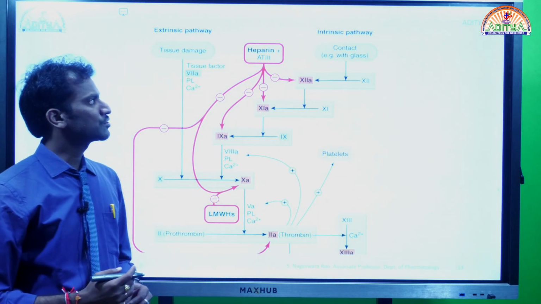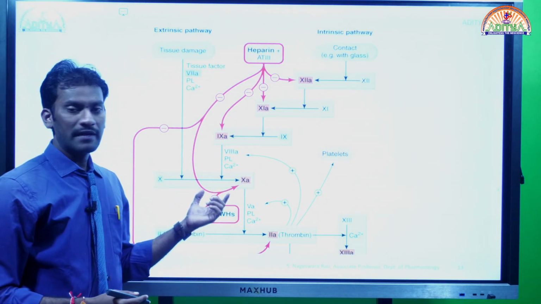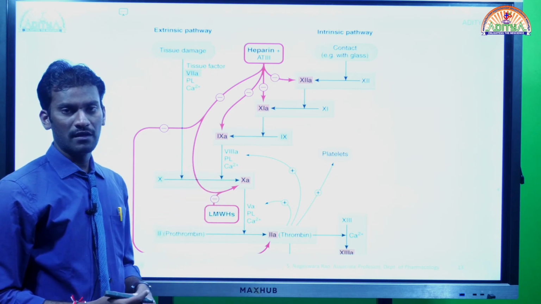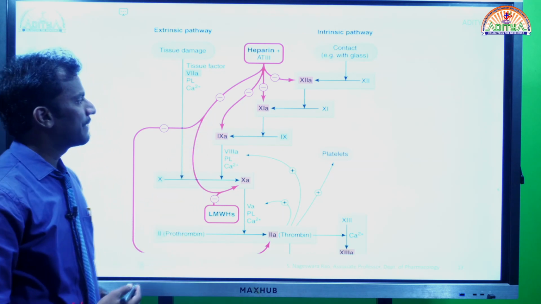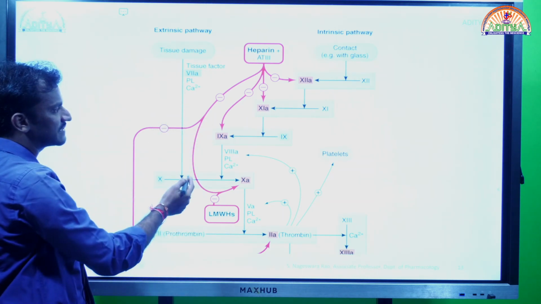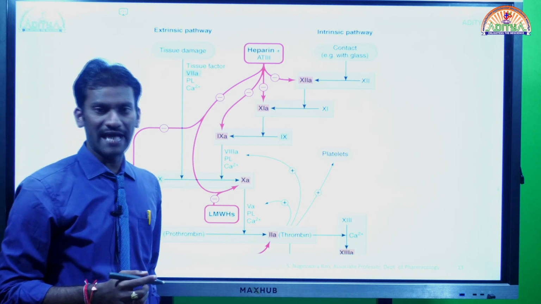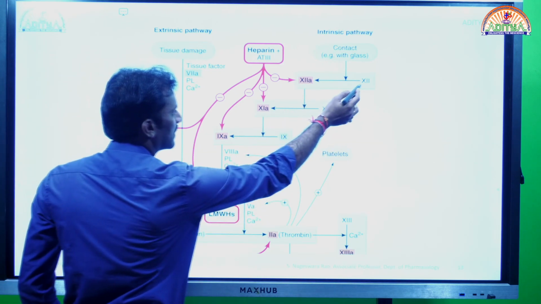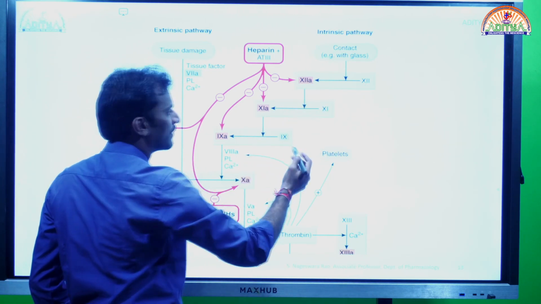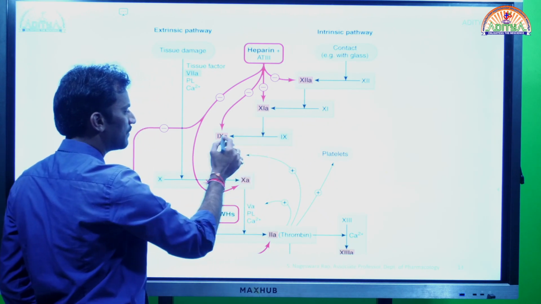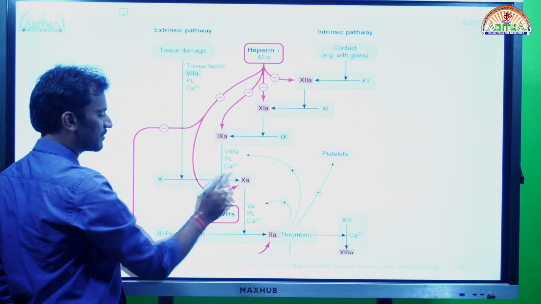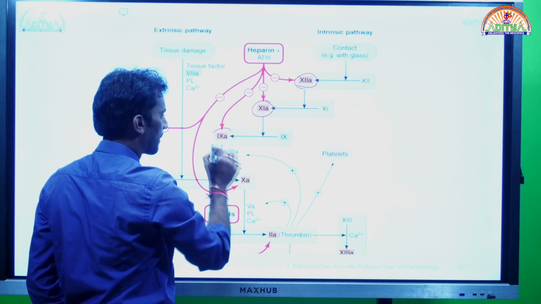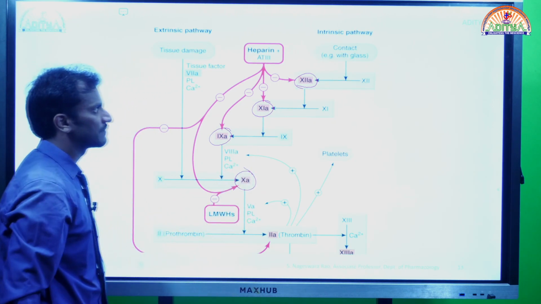Now you can better understand the normal pathway I explained in the previous slide, the intrinsic pathway and extrinsic pathway, and now the mechanism of action of heparin. In intrinsic and extrinsic pathways, we have seen different clotting factors and their activated forms. Normally 12 will be converted to 12A, 11 to 11A, 9 to 9A, 10 to 10A, like that. These are called activated clotting factors.